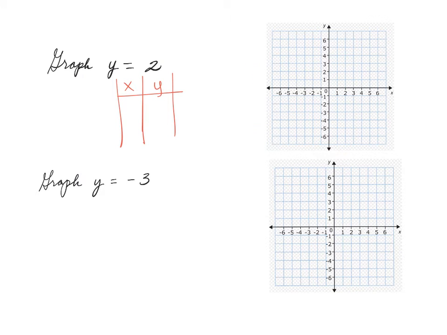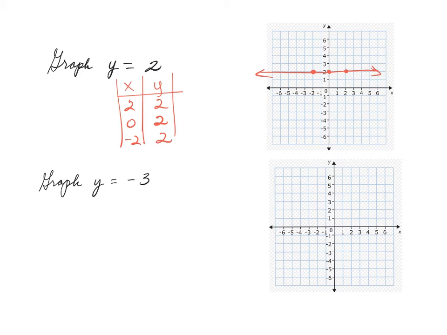It means no matter what x is, y is 2. So if x is 2, then y is 2. If x is 0, y is 2. If x is negative 2, y is 2, because y is always 2 on this particular line. So let's plot these points, (2, 2), (0, 2), (negative 2, 2). See, it's a horizontal line.